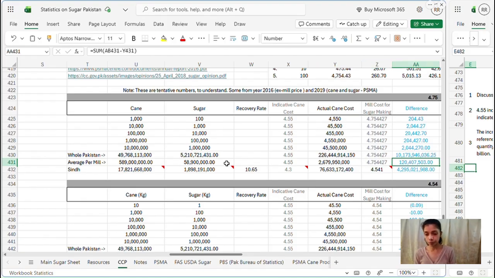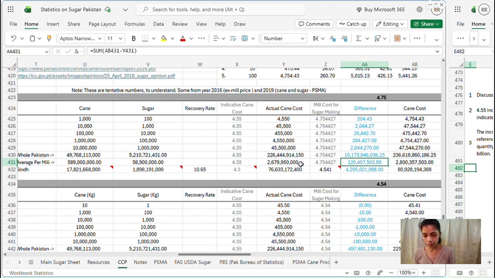So moving forward, if we see the impact, the 4.55 per kg cane cost gives them 2.6 billion in cost for purchasing cane to produce this much quantity of sugar.